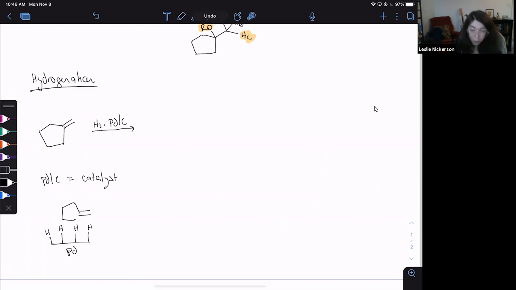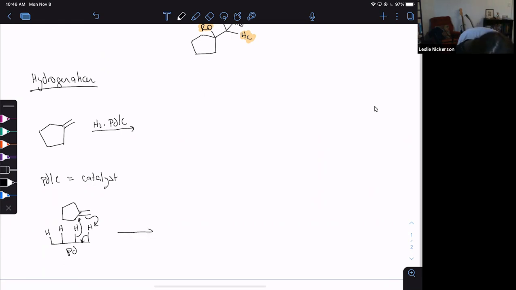These H's are pretty activated because we've got our palladium activating them. So our alkene is going to go grab an H that can give the electrons back to the palladium. And then another H is going to go and attack the other side of the alkene. So that's how we get it on both sides.